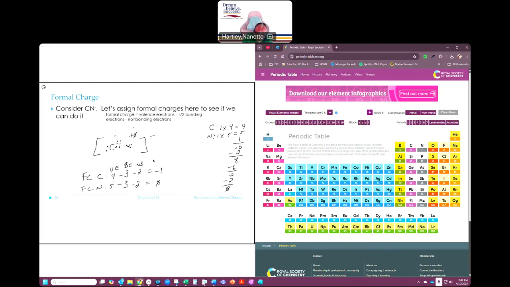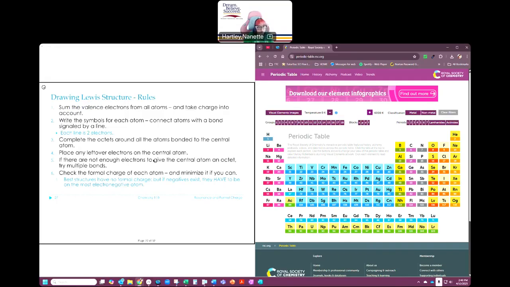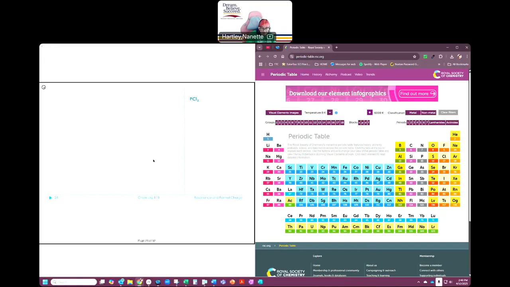So, questions on that one? Again, we want to make sure that we're checking that formal charge to see if we can minimize the formal charge that we get on these structures. And we also want to make sure that when we have a situation where we have formal charge, that we minimize it as much as we possibly can.